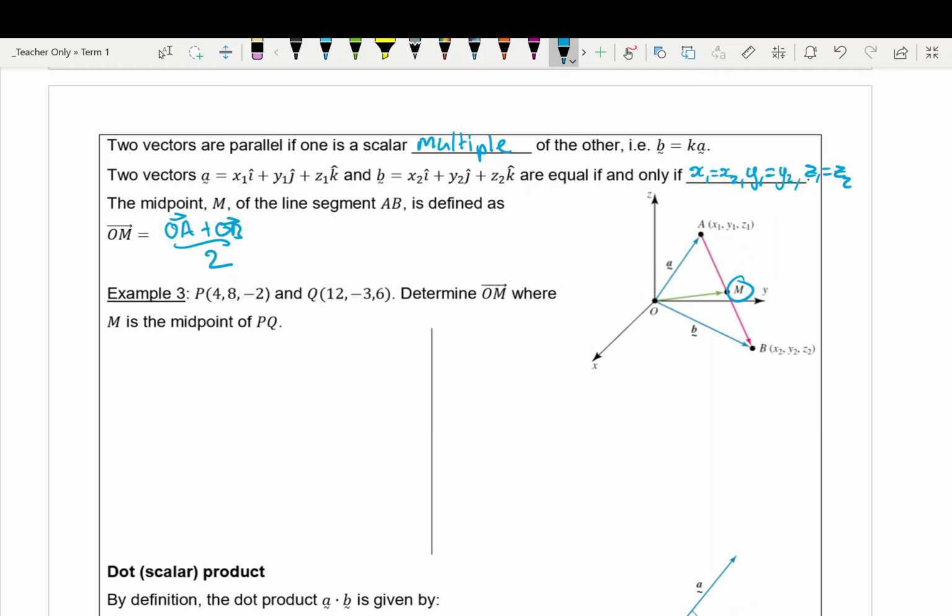So example 3, determine O to M, where M is the midpoint of PQ. We're given P and Q there.